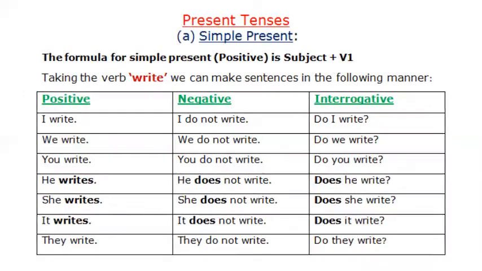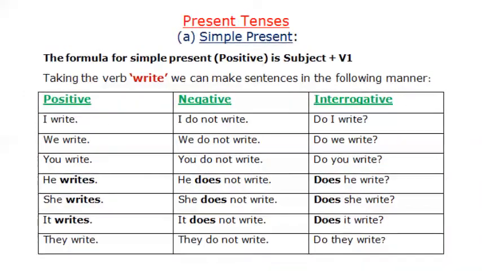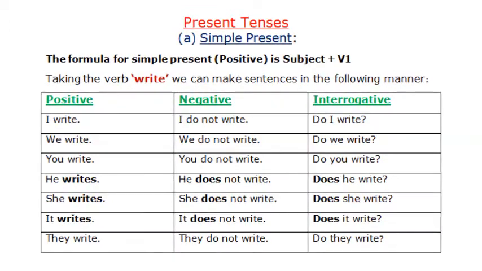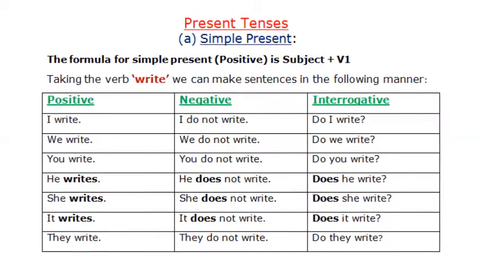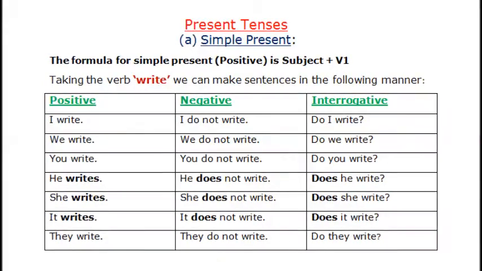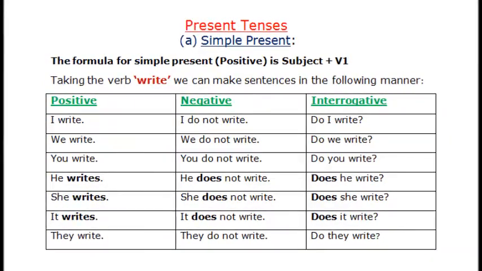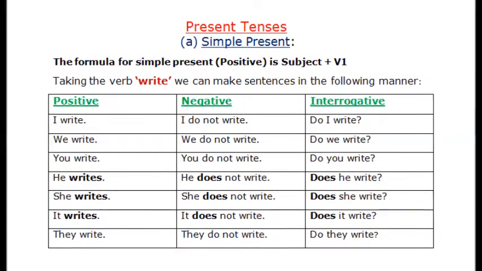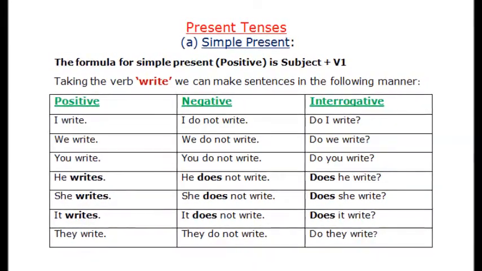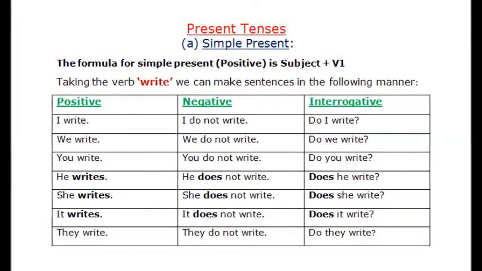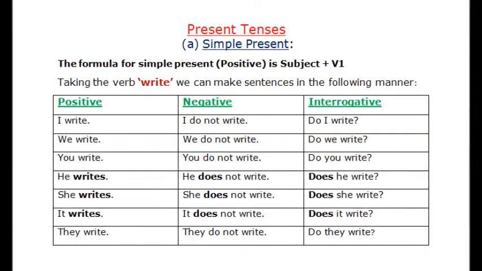And now, how to write an interrogative sentence in simple present tense? Here, the helping verb comes first before the subject: helping verb, subject, and the main verb. That is, do I write? Do we write?